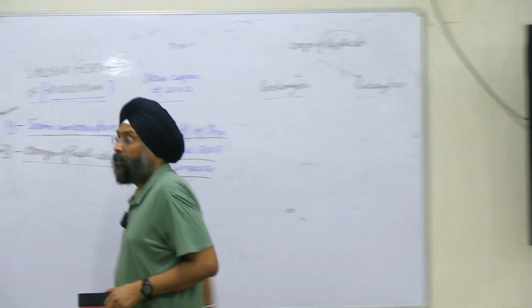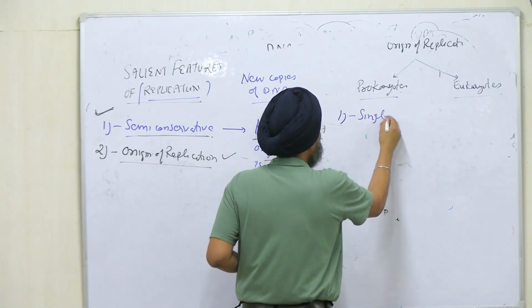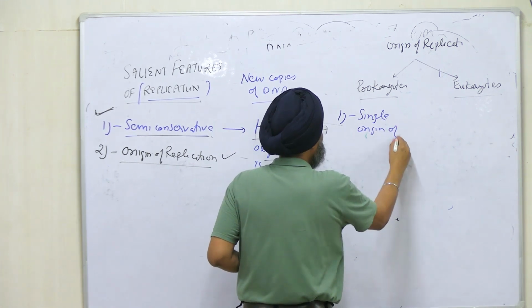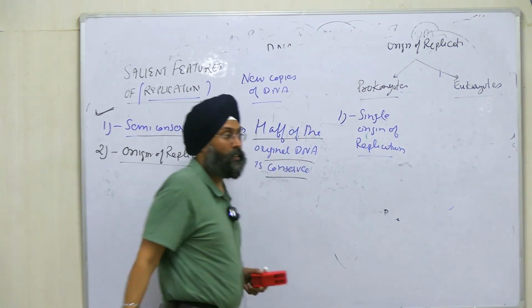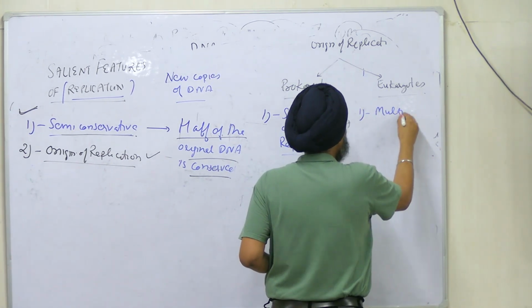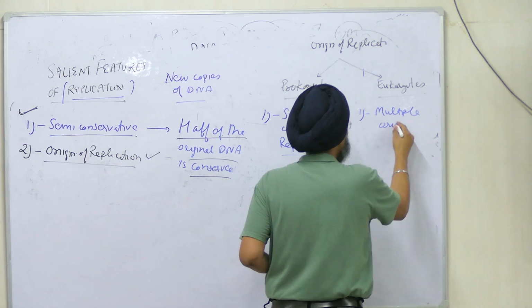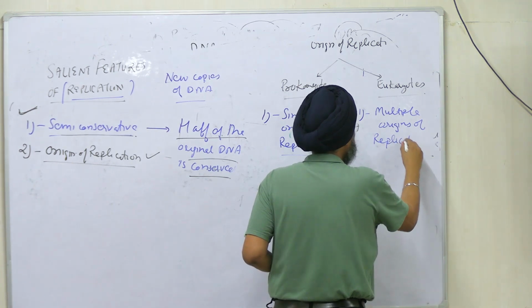In prokaryotes, the mechanism is a bit different from eukaryotes. What are the major differences? First, in prokaryotes, there is a single origin of replication, right? In case of eukaryotes, there are multiple origins of replication.